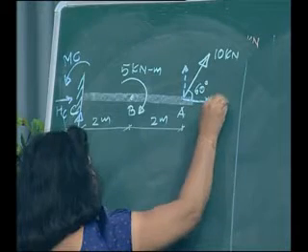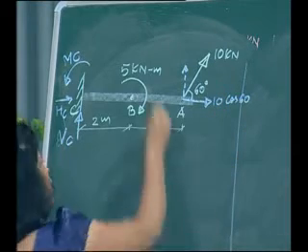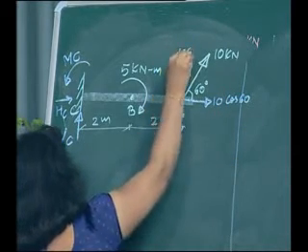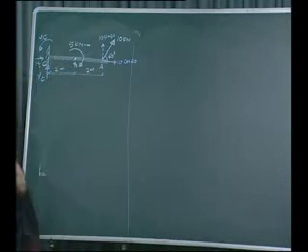So horizontal component will be 10 cos 60 and the vertical component will be 10 sin 60. Okay. Now if we want to find out the support reaction, we will apply our conditions of equilibrium, that is sigma V is equal to 0, sigma H is equal to 0 and sigma moment is equal to 0.